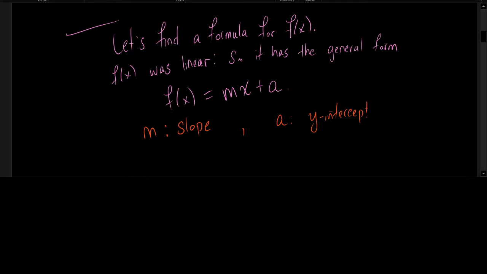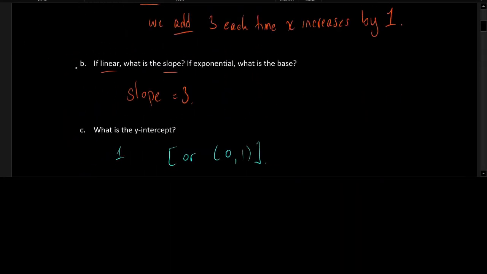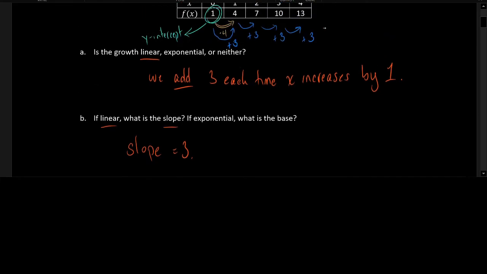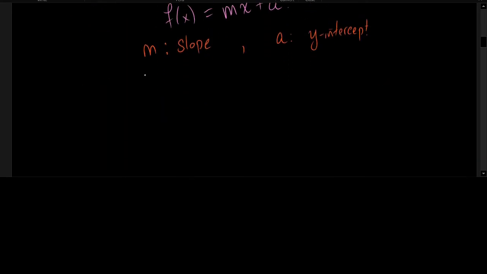So all that we have to do is fill in the m and the a in the general formula with the slope and the y-intercept from our problem. So let's scroll up and remind ourselves that for our problem, the slope that we saw in the table was 3. And for our problem, the y-intercept was 1. M equals 3, a equals 1.